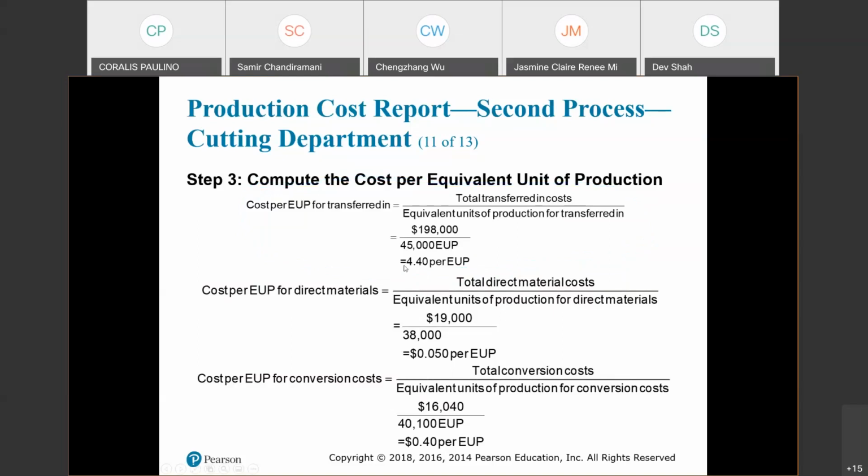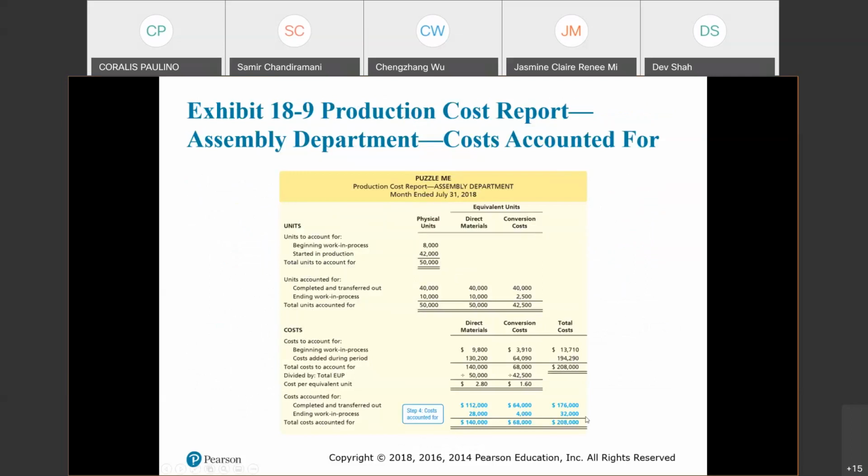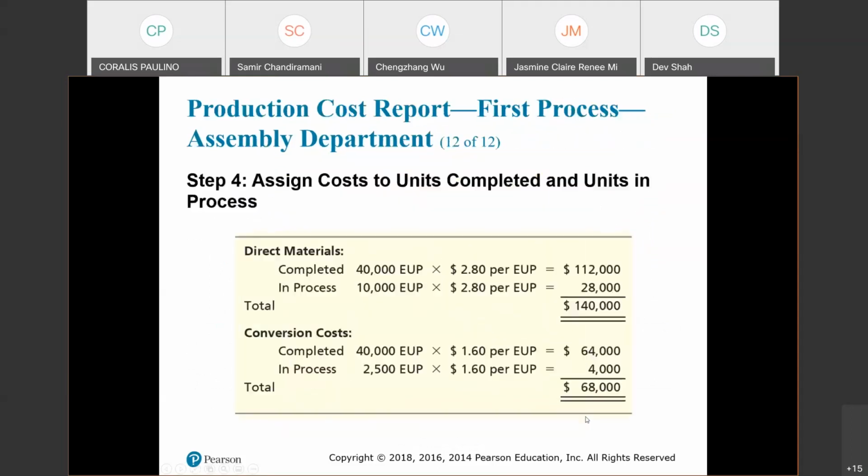That's this slide. Well, this is the unit cost calculated in the first department. Well, in the first department, the unit cost for direct material is $2.80.